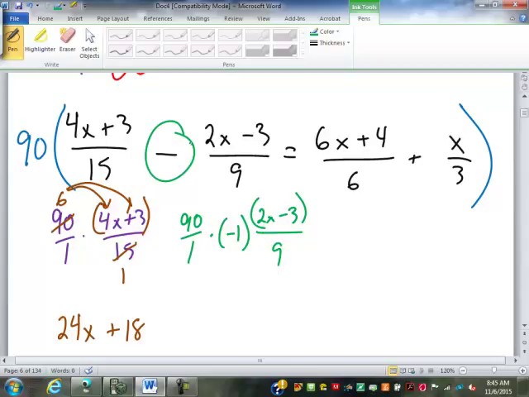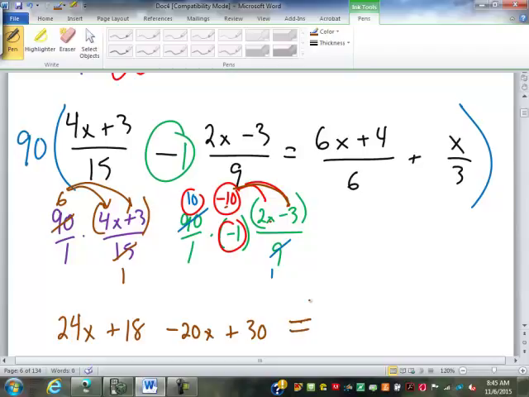That minus in front is really a negative 1 times that. So I'm going to cross cancel the 90 and the 9 to give me 1 and 10. And then I'm going to do negative 1 times 10 is negative 10. So it's negative 10 that I'm going to multiply through. So negative 10 times 2x is a negative 20x. Negative 10 times negative 3, we get positive 30.